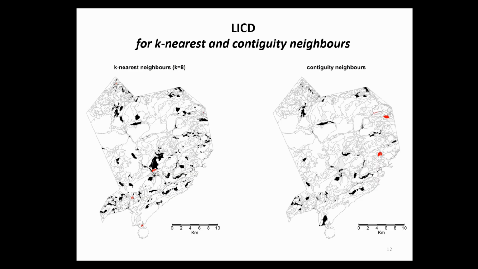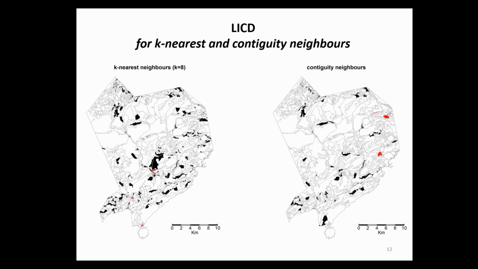And this is the LICD, the application. I plot as black the areas that are significantly autocorrelated. So there are significant clusters, significant composition, and there are significant black and black and white joints. Whereas the red areas are outliers, so significant outliers, non-clustered, and significant black and white joints.